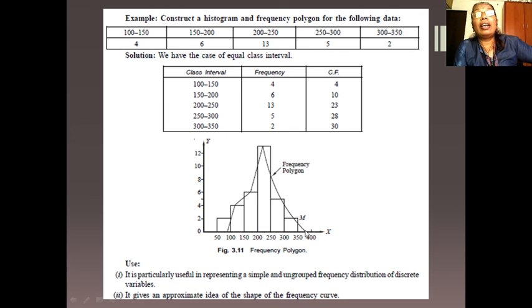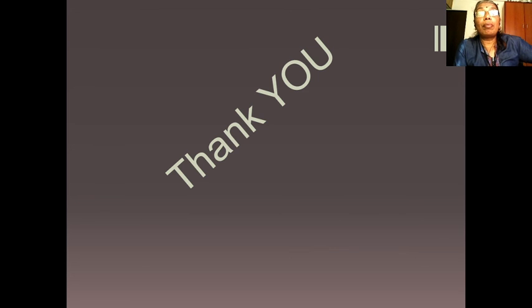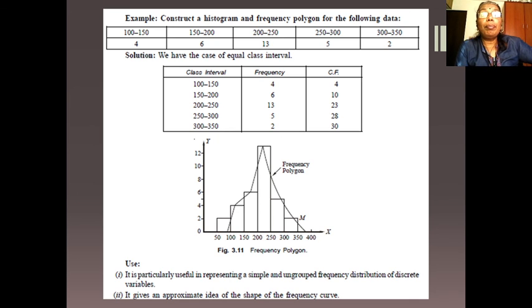In 100 to 150, we not only include 100 but also values below it, for example 75 or 80 would come in that group.